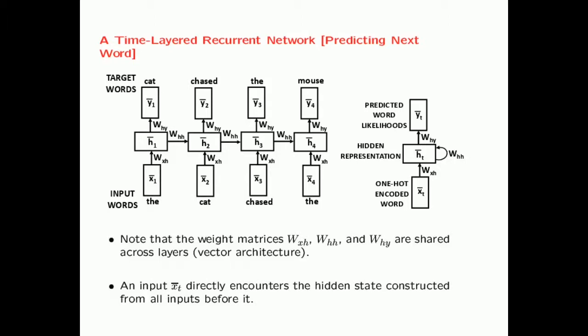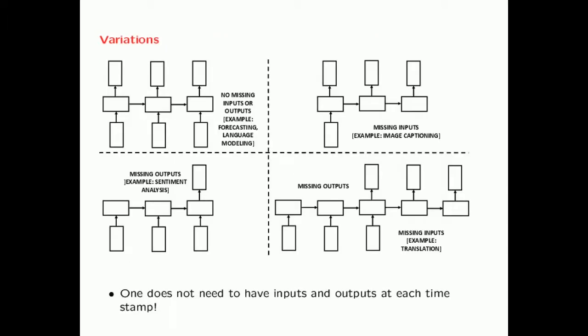For example, we already saw the very first case on the top left, where you have no missing inputs or outputs. Language modeling is a classic example. You also use it for forecasting in time series. For example, you're trying to predict the next value in the time series based on everything that you have seen so far. That's very similar to language modeling, except that your inputs are real values rather than discrete values.